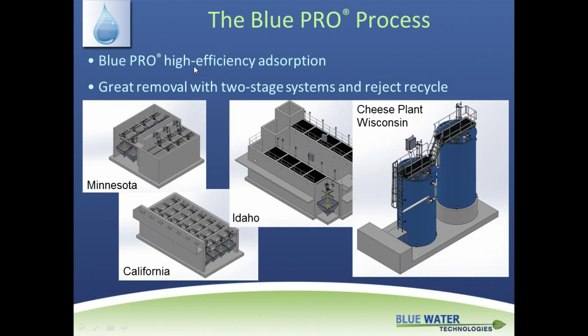We can get even higher removal rates with two-stage systems and our recycle of our process reject, which has some residual reactive chemistry to it. Another application for a two-stage system would be where you're targeting two different types of metals, where maybe in the first stage you're having to raise the pH to target transition metals like zinc, cadmium, copper, even lead.